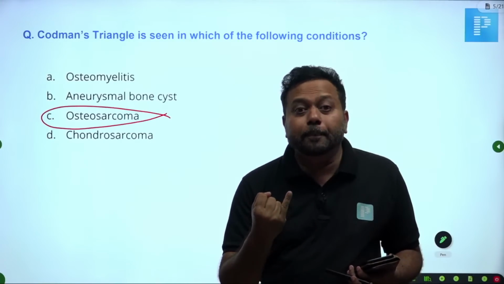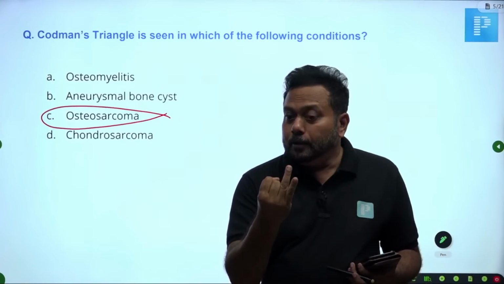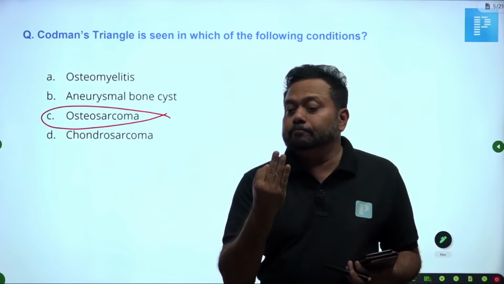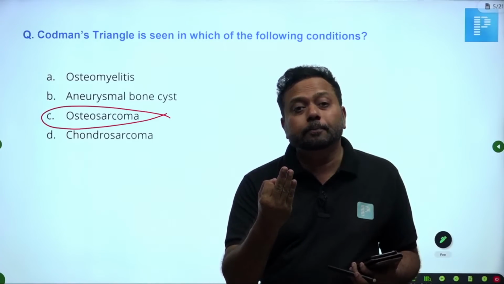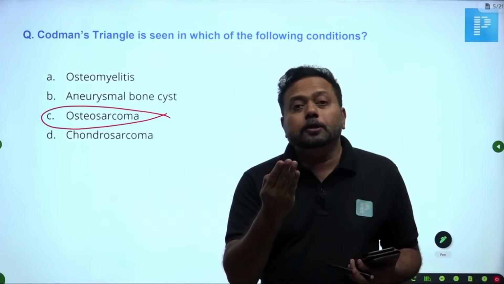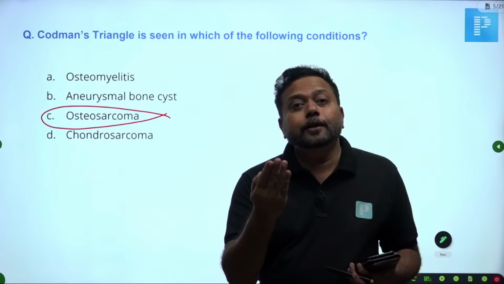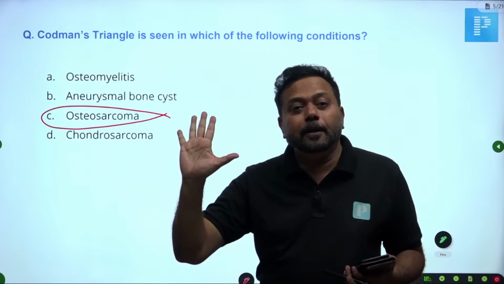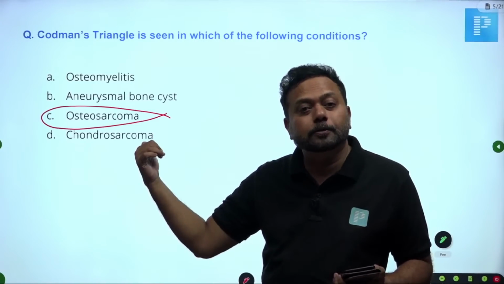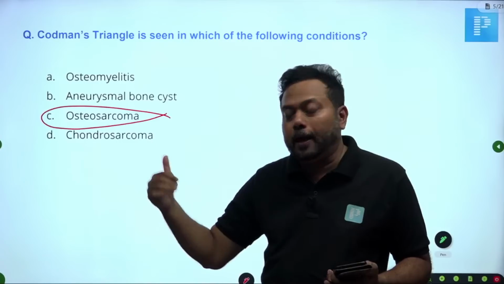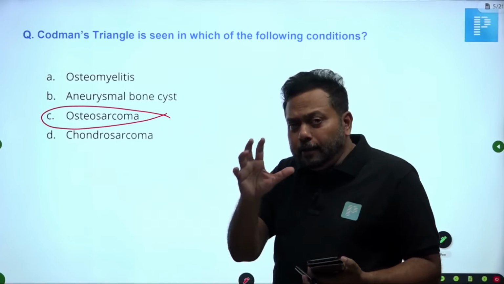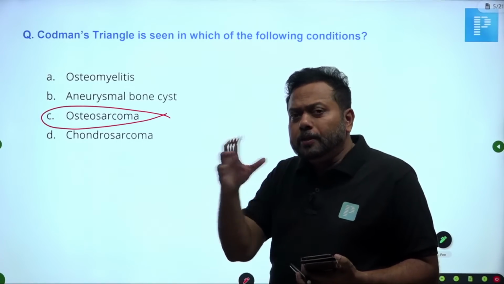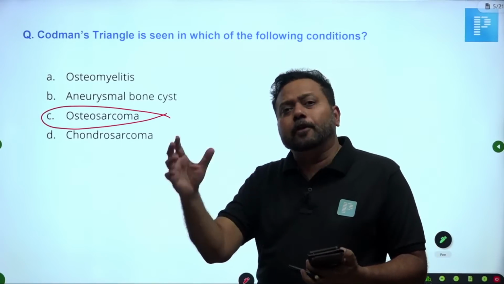Second important cause, scurvy. Third, congenital syphilis, periosteitis. Fourth, myositis ossificans. Fifth, bone tumors, that's osteogenic sarcoma. In bone tumors, periosteal reaction comes in different forms.